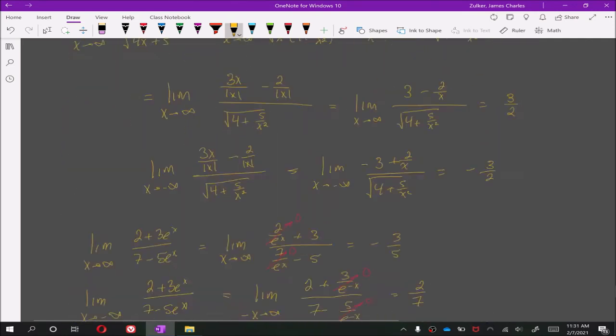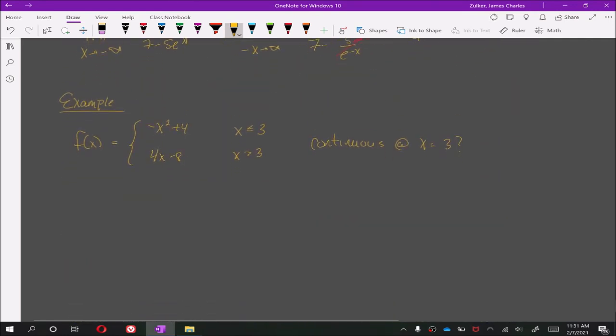So let's check each of those. Is f of 3 defined? Well, if x is 3, that is less than or equal to 3, so we'd have negative 9 plus 4, which is 5. I'm sorry, negative 5. Thus, f of 3 is defined.